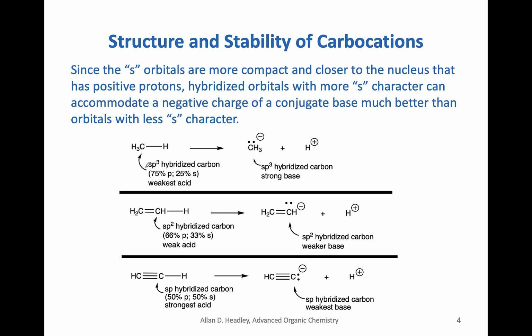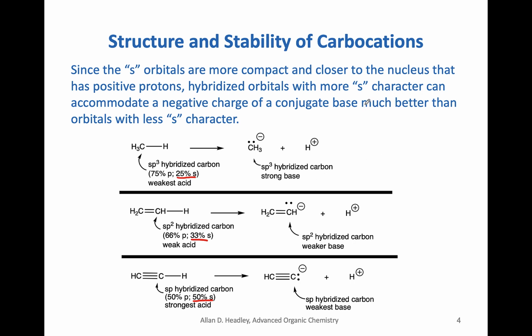Your sp3 carbon only has 25% s character. The sp2 carbon has more s character, which is 33%. And of course here you will recall that the acetylenic carbon, or the sp carbon, has 50% s. Why are we emphasizing the s character?